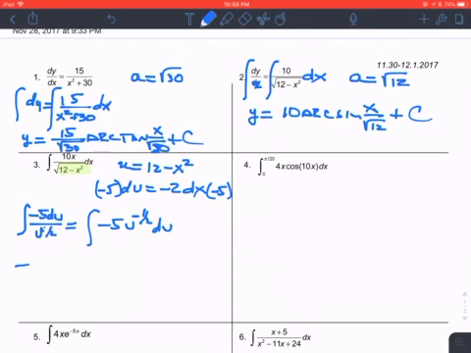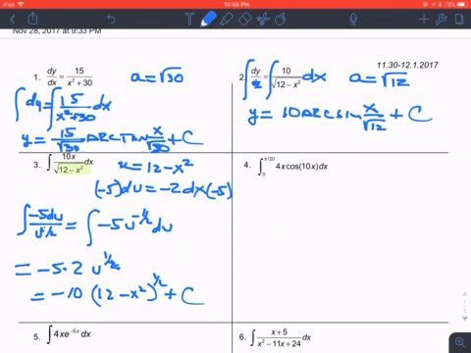So when I integrate, I'm going to get a negative 5, and a u to the positive 1/2, and I'm going to get a 2 out front. So what is my final answer? I get negative 10 times 12 minus x squared to the 1/2 plus c.